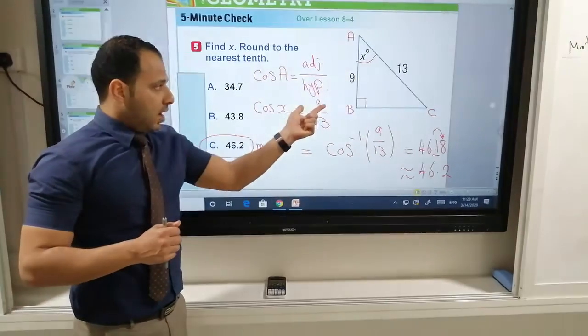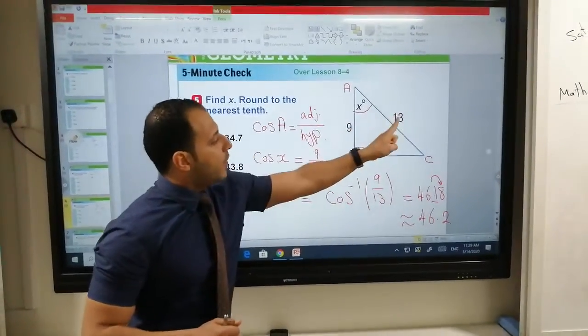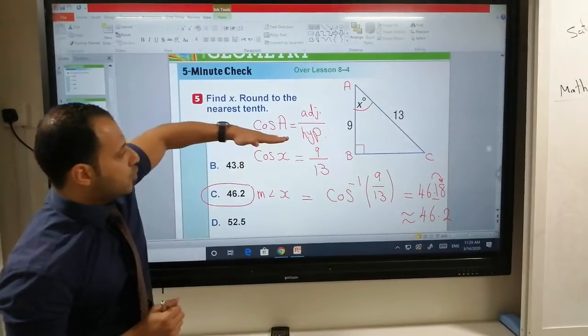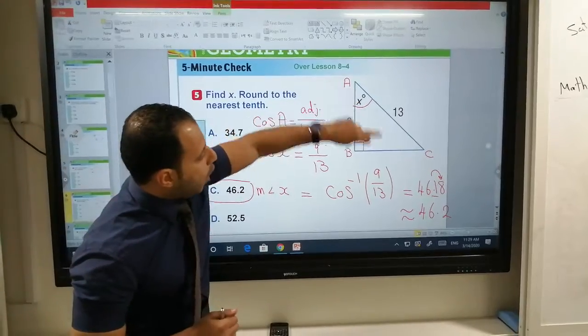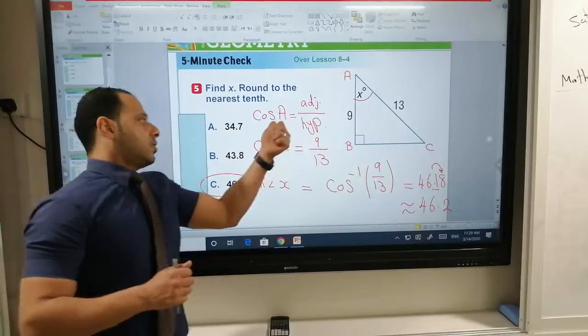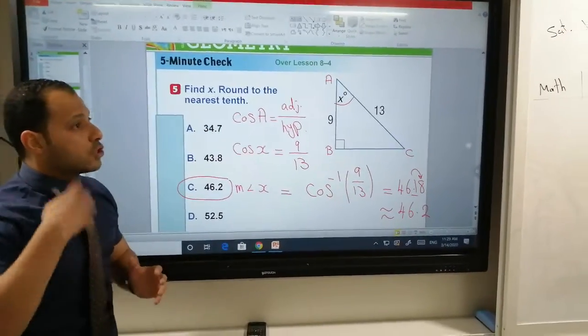Adjacent is 9, hypotenuse is 13. According to the information, I choose cosine. If you have opposite and hypotenuse, sine. Adjacent and hypotenuse, cosine. Adjacent and opposite, it will be tan, and so on.